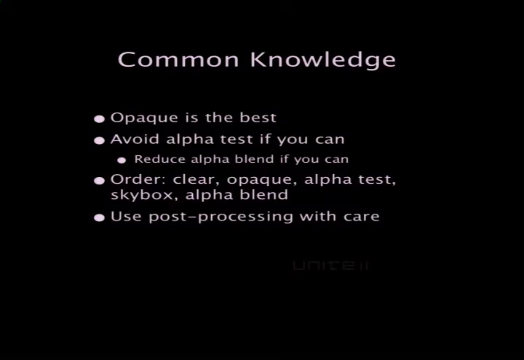Usually Unity takes care of that, so you don't usually need to do anything about that. And the last thing is that post-processing is quite expensive on the mobile devices, and we will take you through why it is so and why you need to take care of it.